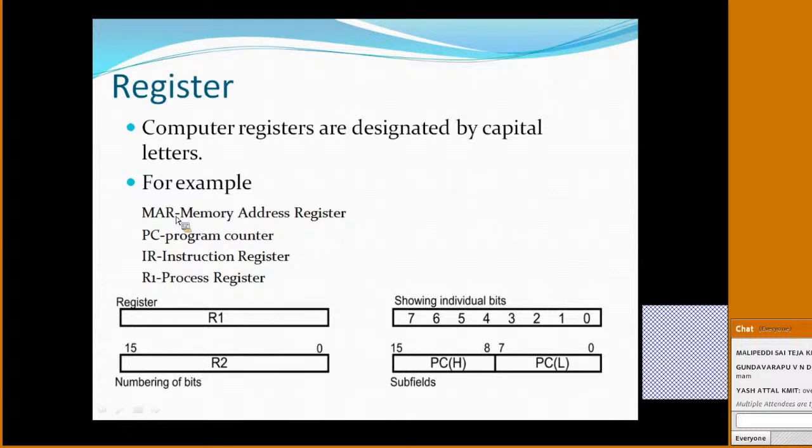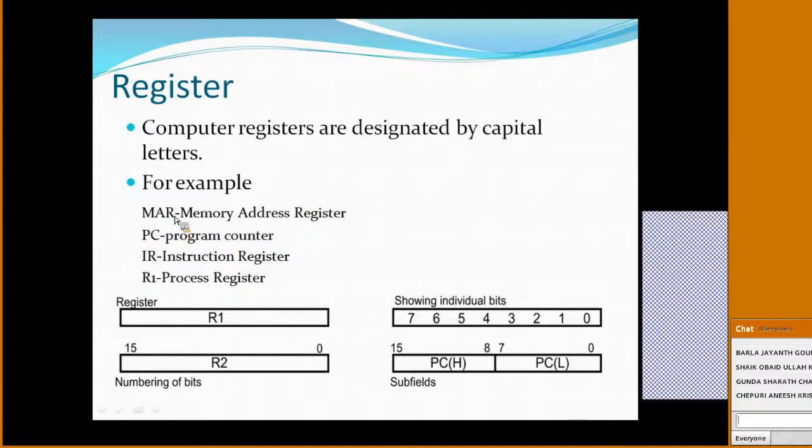Memory address register. In the same way, the COA register and so on are used like this.